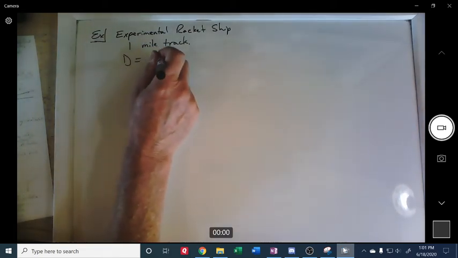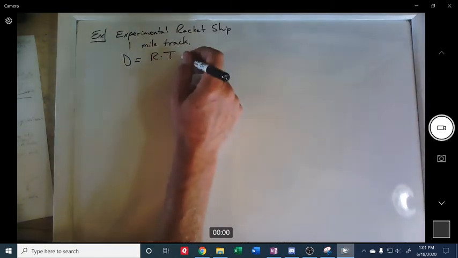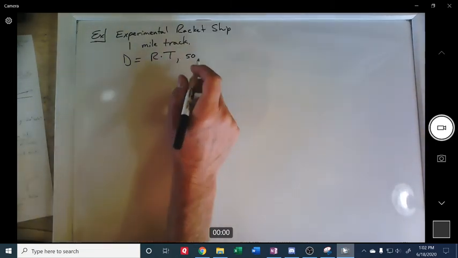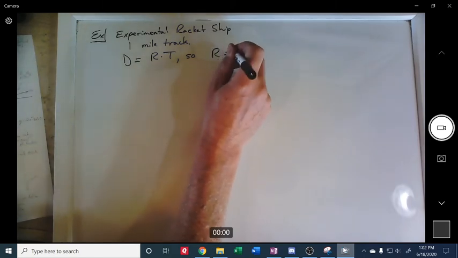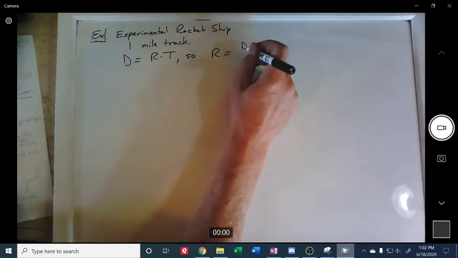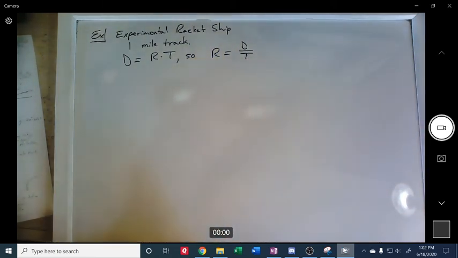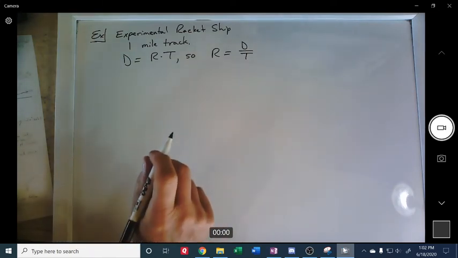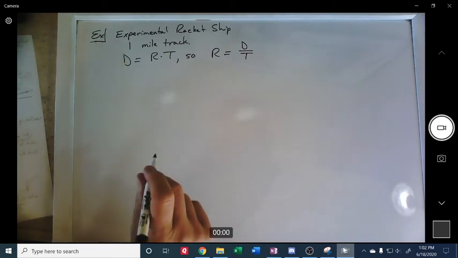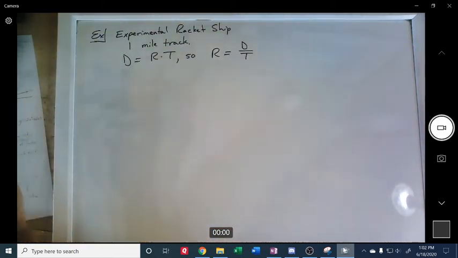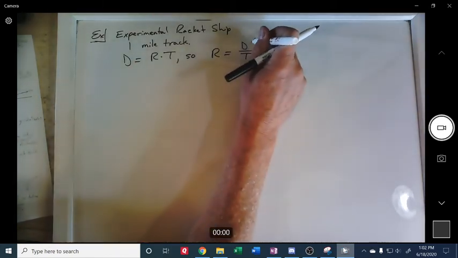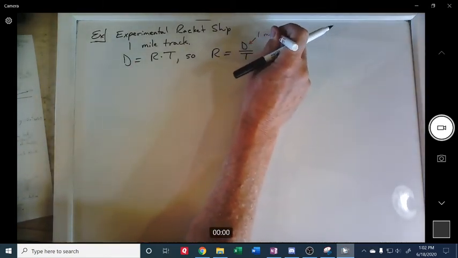And distance is equal to rate times time. So if we divide both sides by the time, the rate is distance divided by time. And so the distance we know is 1 mile.